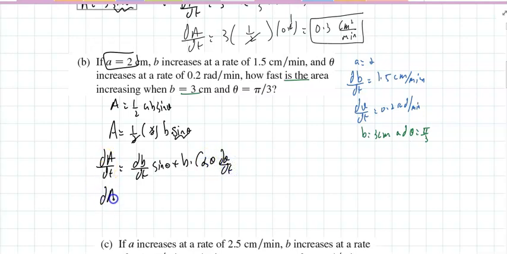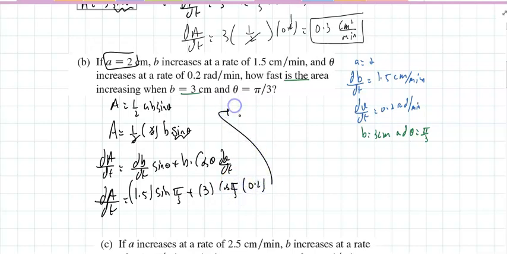And if I plug in everything that I have, pretty much I'm done. dB dt was actually given to be 1.5. The sine, I know what the angle is, pi over 3, plus B was given to be 3, the cosine of pi over 3, and d theta dt was given to be 0.2. So altogether, the change in the area with respect to t will be 3/2 times sine, which is radical 3 over 2, plus 3 times 1/2 times 0.2.